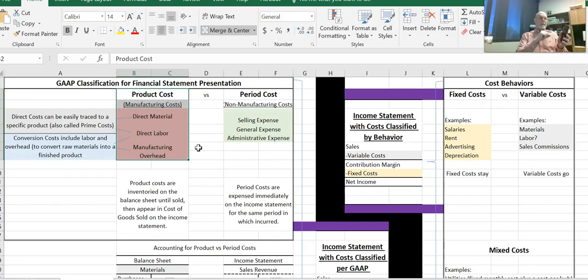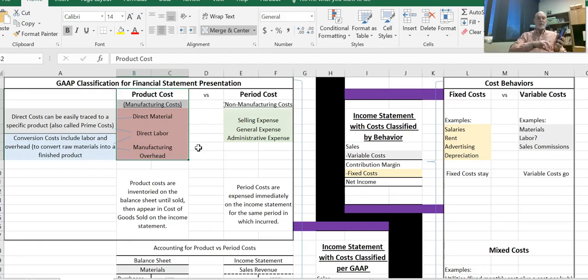The dollars associated with this iPhone will be included on the balance sheet in our inventory accounts until we sell this iPhone. And then the cost of the iPhone will go to the income statement as cost of goods sold.